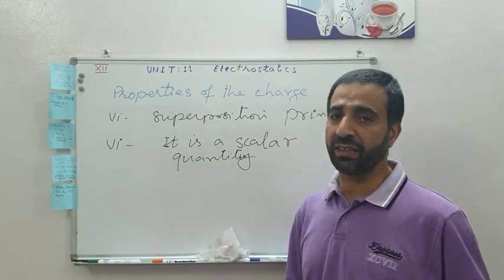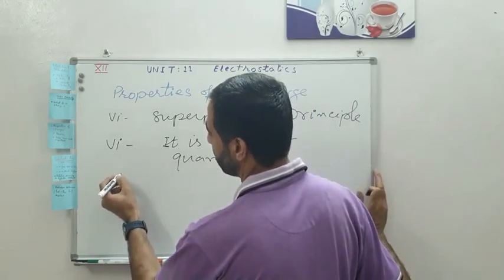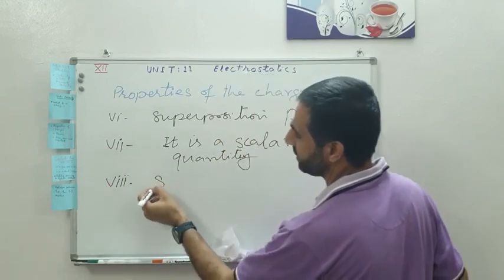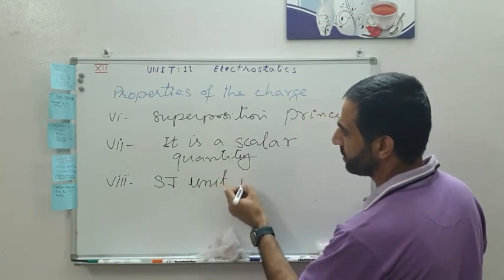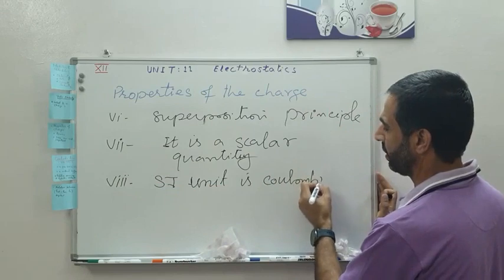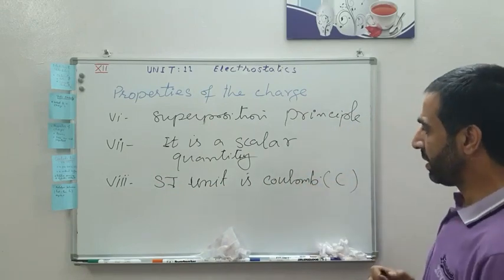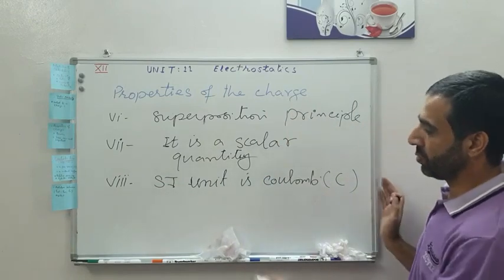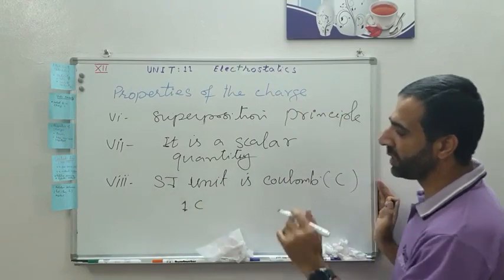And that is the SI unit of this charge. The SI unit is the Coulomb, right? That is the SI unit of charge. And 1 Coulomb of charge we can define in many ways.